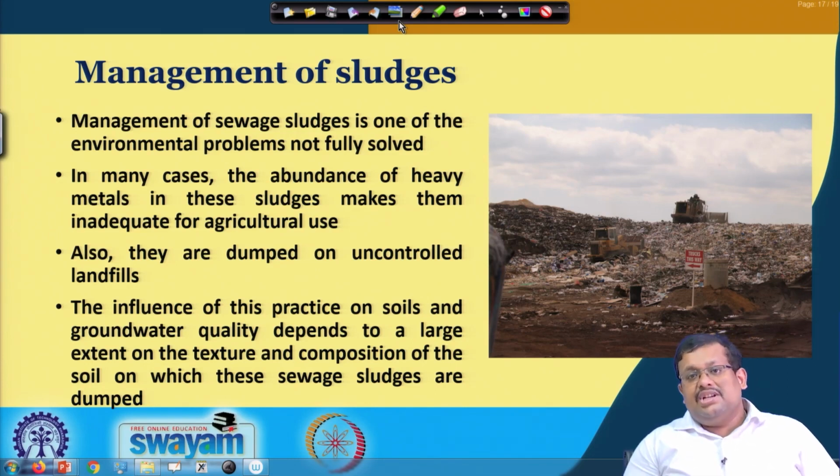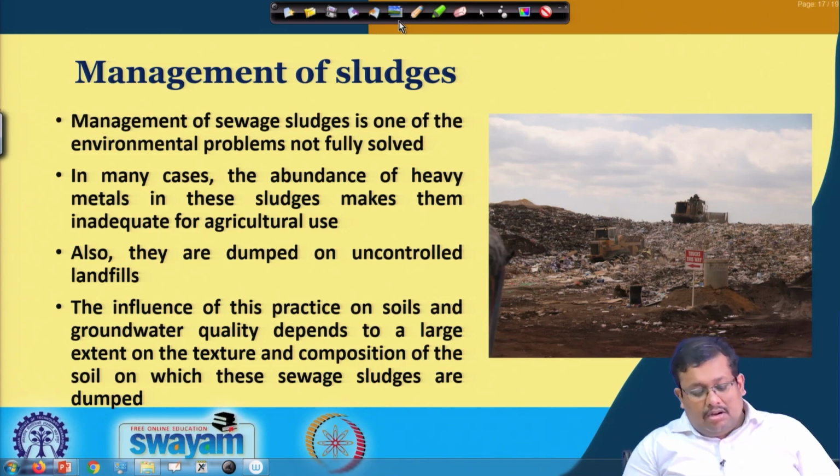Based on the soil texture, the movement or mobility of these heavy metals can be influenced, and also the organic chemicals can move through the soil column based on the different soil properties.